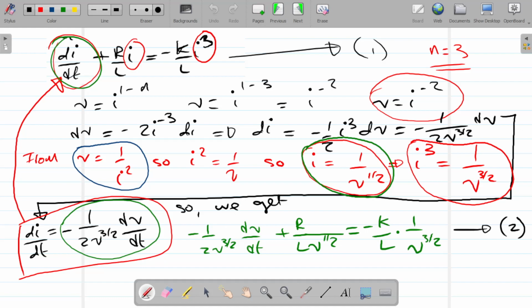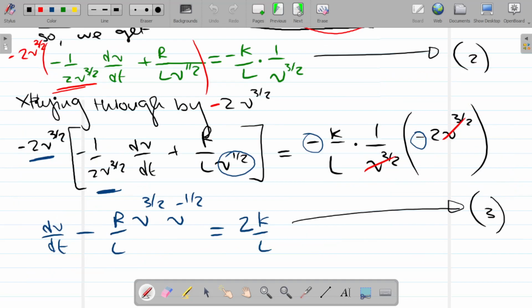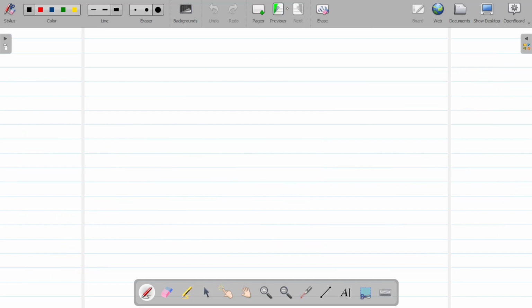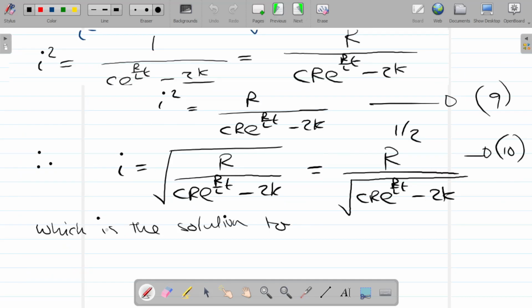Yeah. So that was a solution to di by dt plus r over L times I equals minus k over L times I cubed. I don't know if I can remember that to write it all down again.